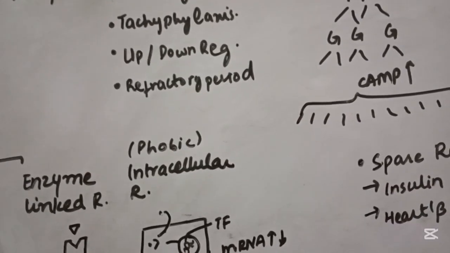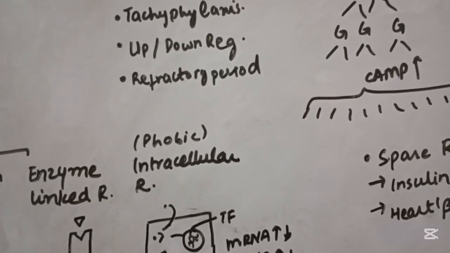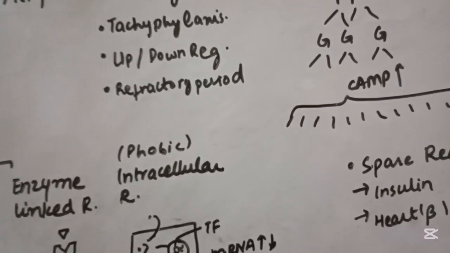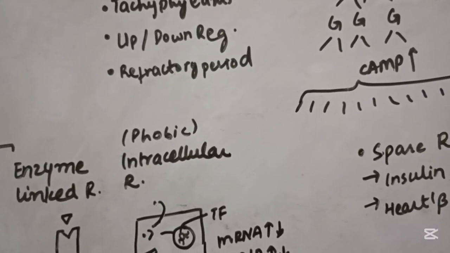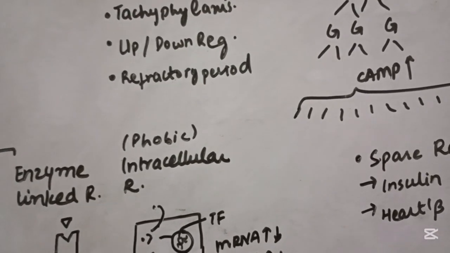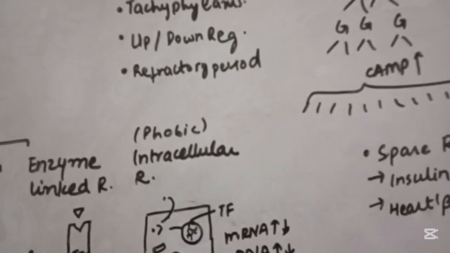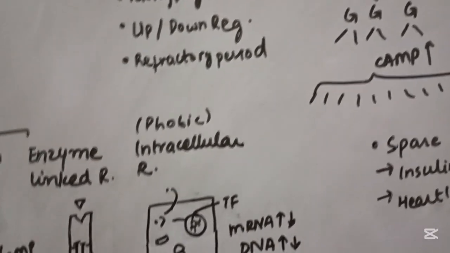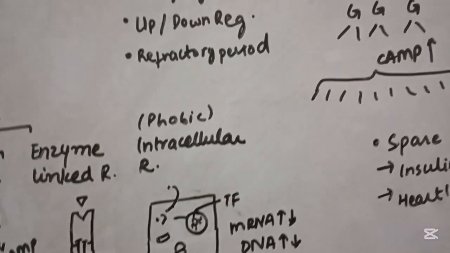So if many drug molecules are present for a long period of time, then the number of the receptors actually decreases, that is downregulation, and upregulation is the opposite. Like if the number of the drug molecules or the endogenous particles are low in amount, the receptors actually increase in their number, so this is upregulation of the receptors.